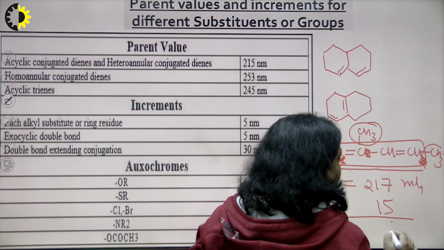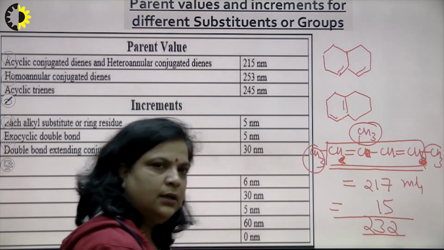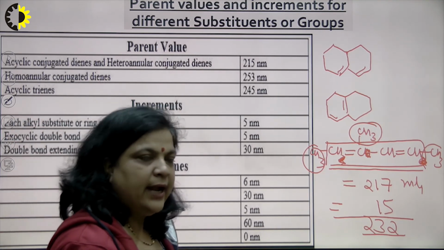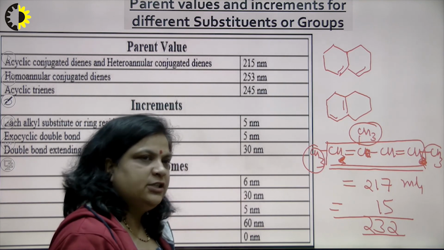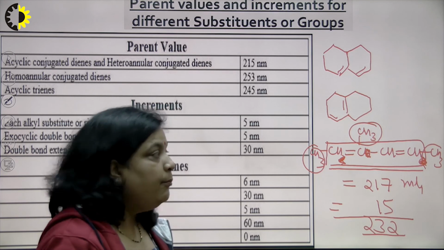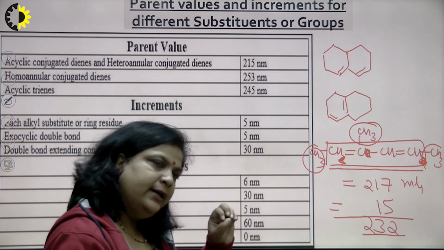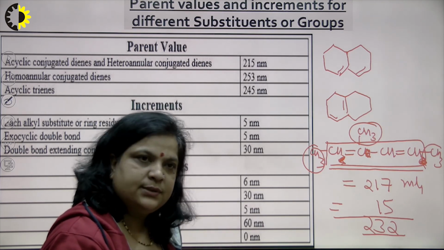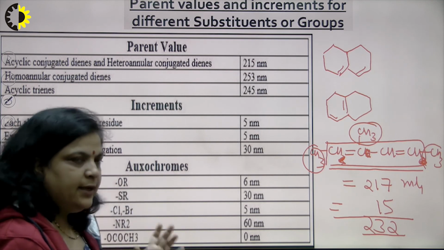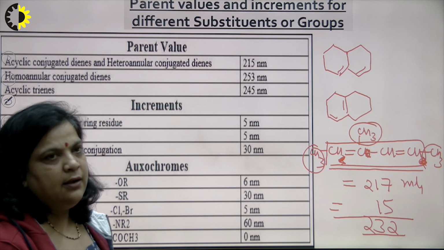So the answer will be 232 millimicron. So with this idea, with the help of the Woodward-Fieser rule, we can find the observed value of lambda max by examining the structure of the parent molecule and its substituents or auxochromes. Clear? So I finish this lecture here, and in the next lecture I will discuss IR spectroscopy.